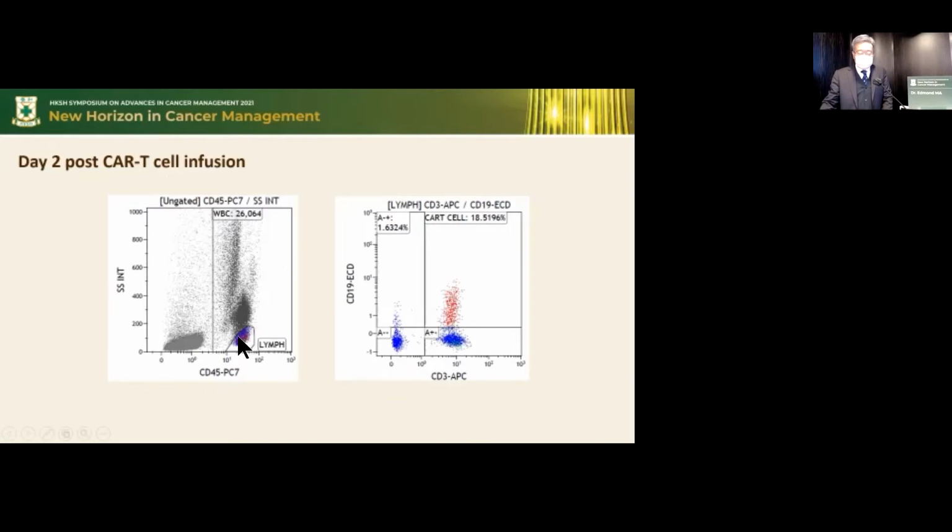So the lymphocytes are gated, in which, as you can see on the right panel, there is co-expression of CD19 and CD3 in 18.5% of the gated lymphocytes. So this is impossible in a normal situation, because in a normal lymphocyte, you cannot co-express both the B cell marker CD19 and a T cell marker CD3. So these cells are interpreted as the CAR T cells on day 2.